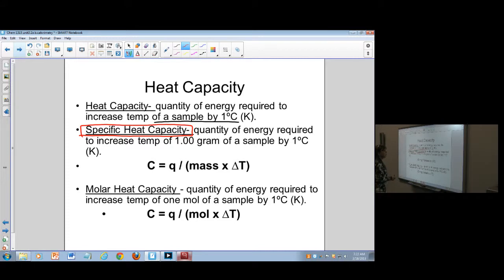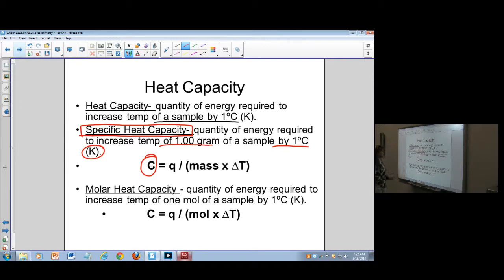It's the quantity of energy required to increase the temperature of 1 gram of some substance by 1 degree Celsius, or 1 Kelvin. And the formula for the specific heat capacity is C equals Q divided by mass times delta T, and we'll do more of this.